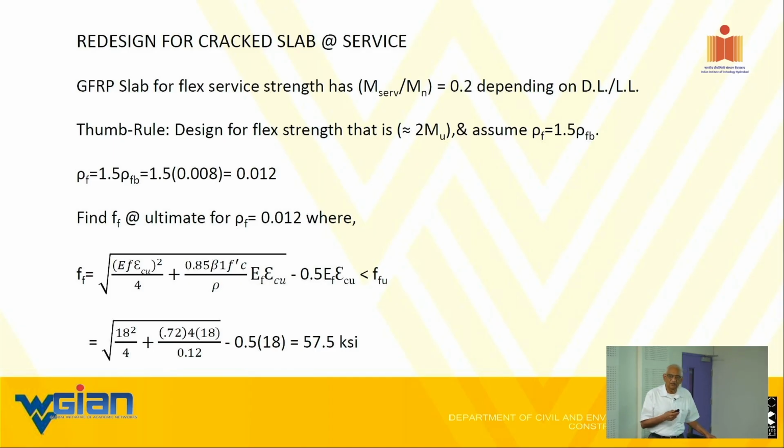No, don't exceed more, I'm sorry, I didn't say it right. 1.5 to 2 factor of rho balanced, so don't exceed more than that. 1.5 is a good number times the balanced value. So we already found the balanced value in the earlier slide, 0.008, and we are saying for a compression control it is 0.012.